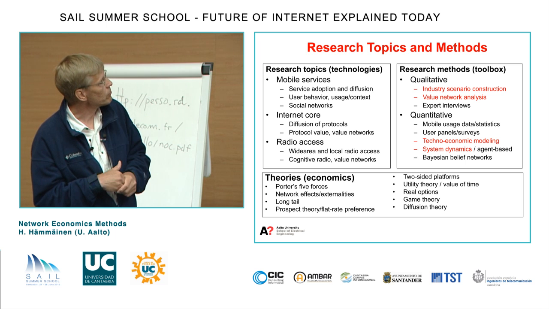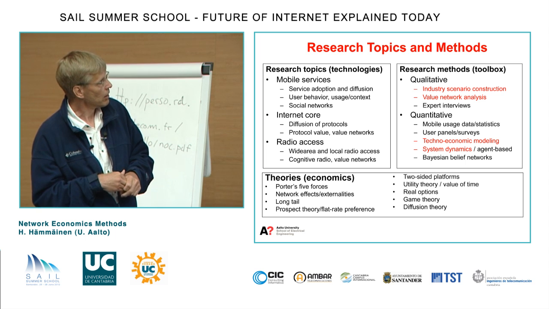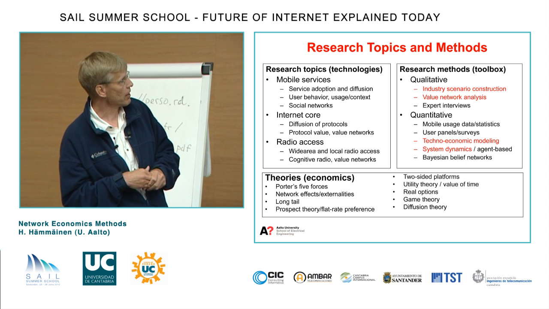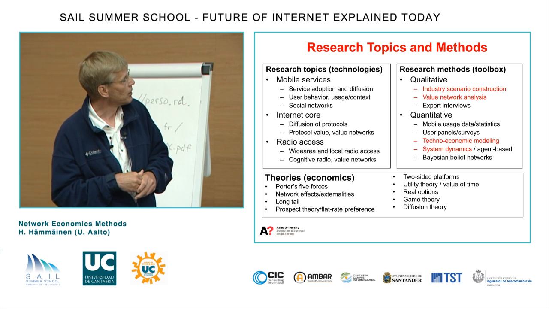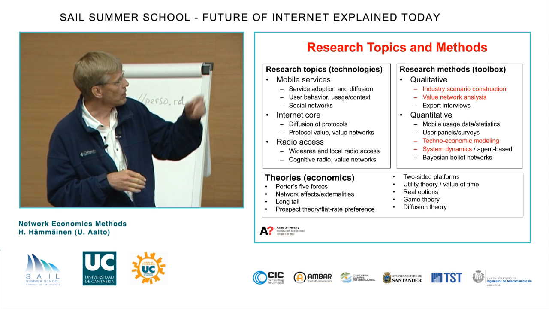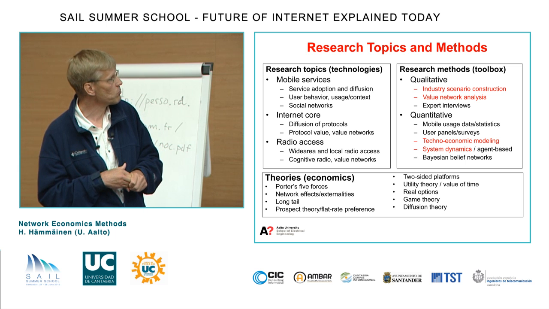And I will be talking today about industry scenario construction, or scenario planning, as one of the methods under that heading. And then value network analysis, value network configurations. And let's see how much time we have. I will touch system dynamics and then maybe techno-economic modeling.